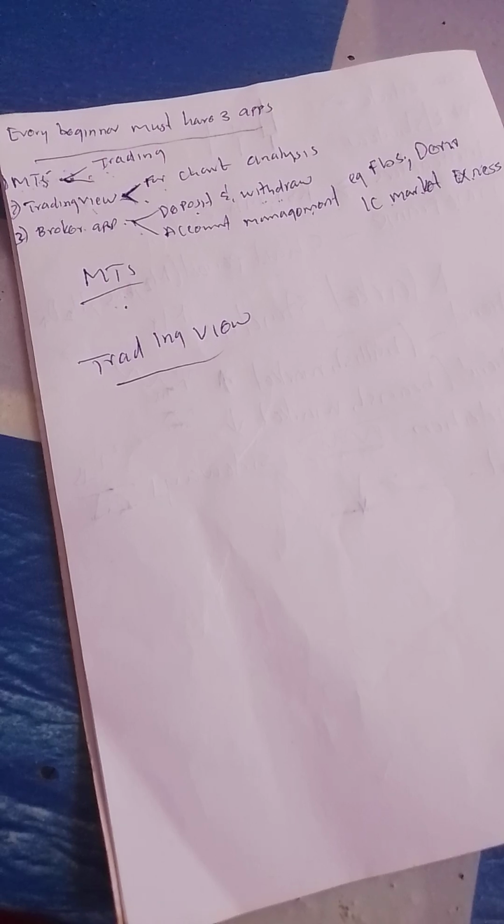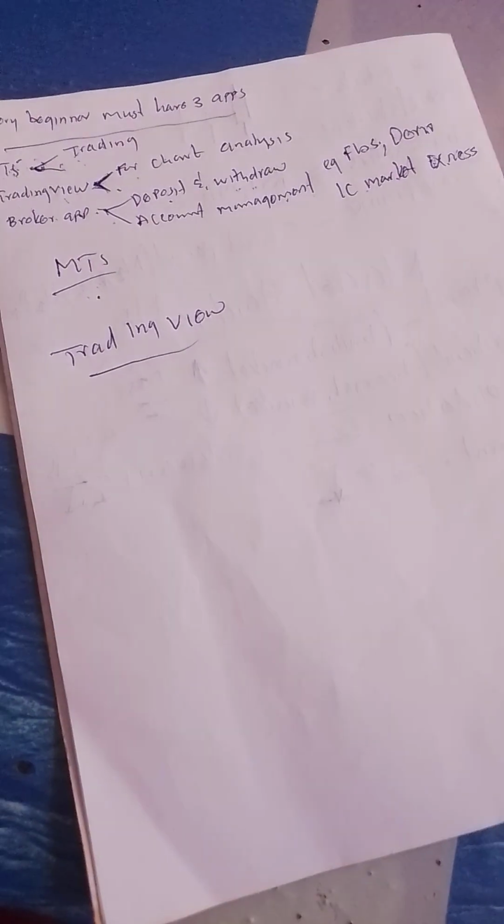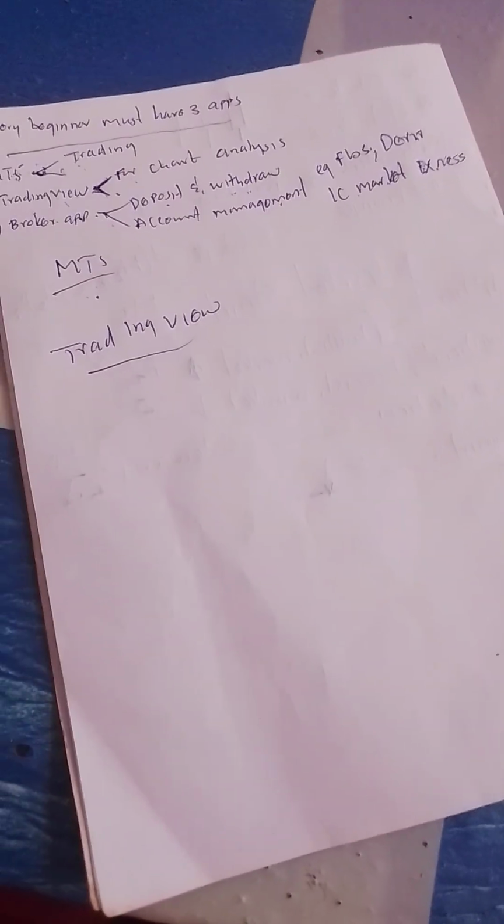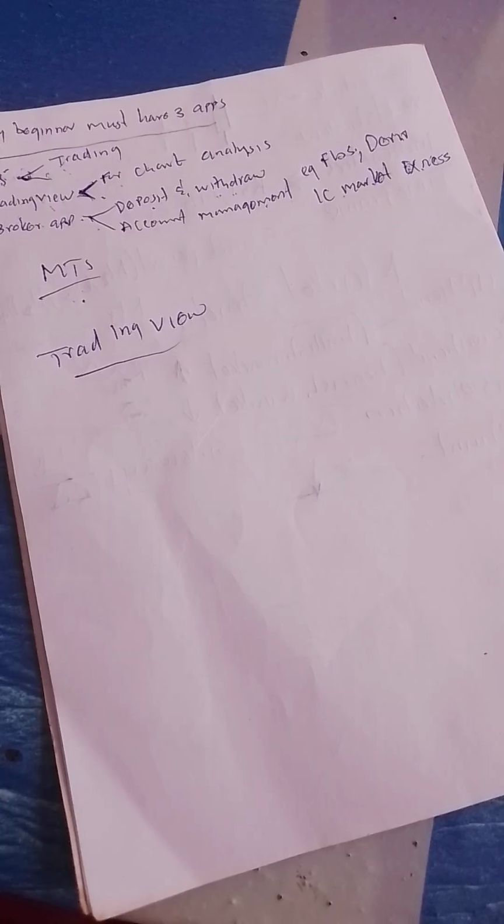Okay, sasa ukisha download hii trading view, inside there you search the pair you want. You can change the chart style, the chart type to candlestick.